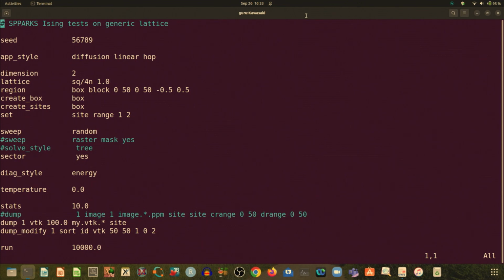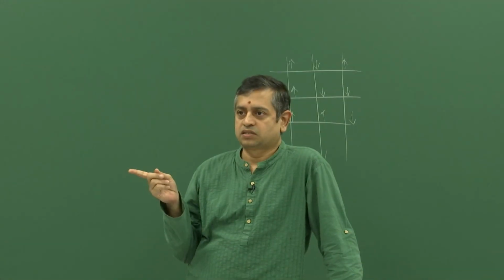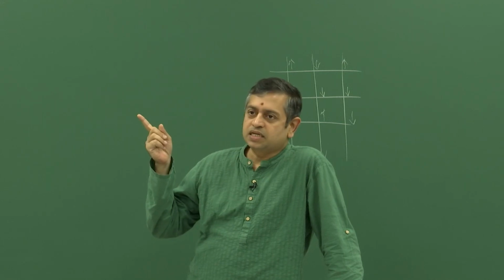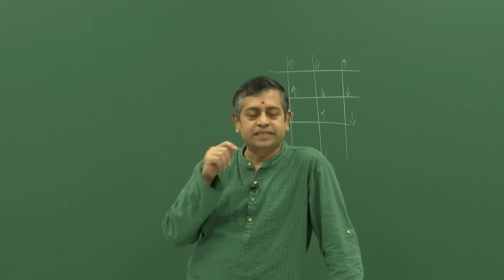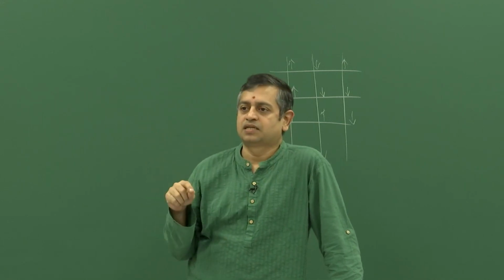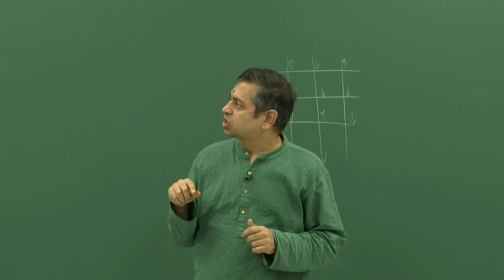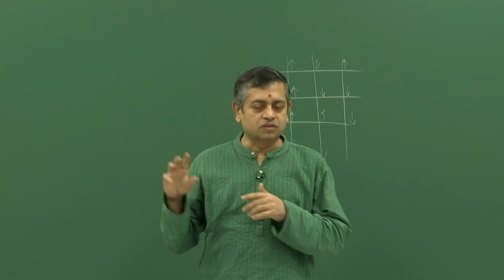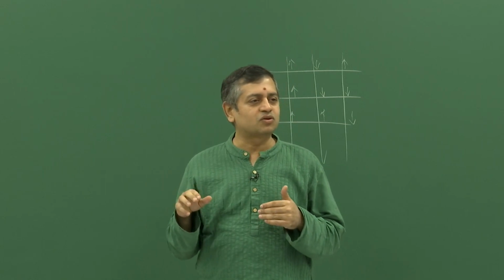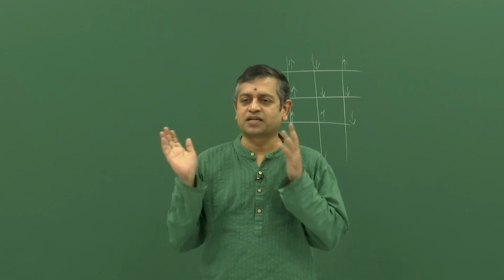So, you can now see app style is diffusion, that is Kawasaki. When you say diffusion, you have to tell how the energy is calculated and what the mechanism is. I think you can also suppress hop and something known as Schwoebel barrier, which is important in some thin films.